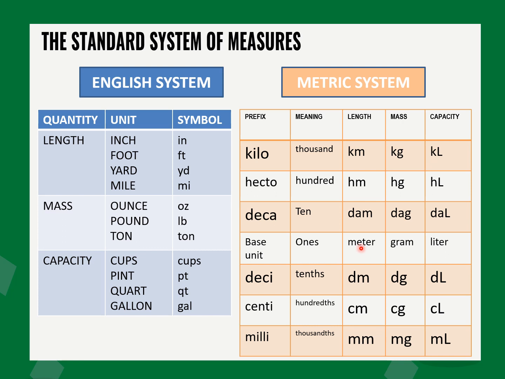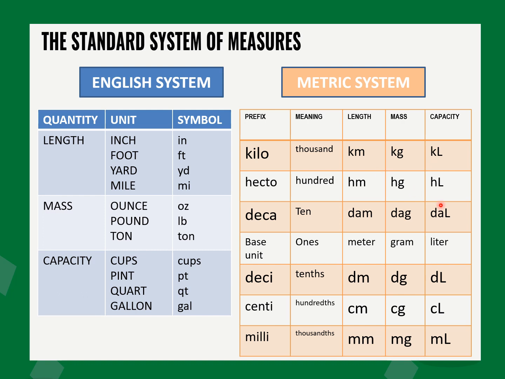Meter is the basic unit of length in the metric system. The meter is divided into decimeter, centimeter, and millimeter. The shortest length can be millimeter. For longer distances, the decameter, hectometer, and kilometer are used.